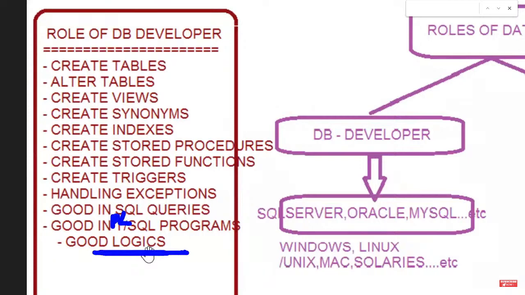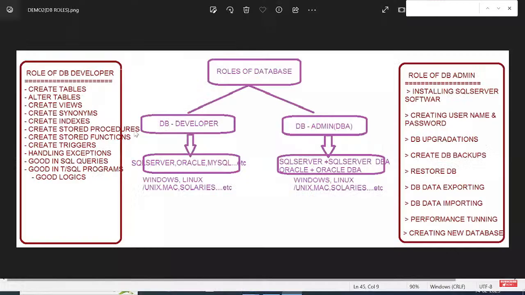Logics means if else logics, for loop logics, while loop logics. This kind of logics we also learn in database. In database also we have if else conditions, nested if else, for loop, while loop. How we learn in C and Java, those loops are there in databases also. So these are the things developers will do.